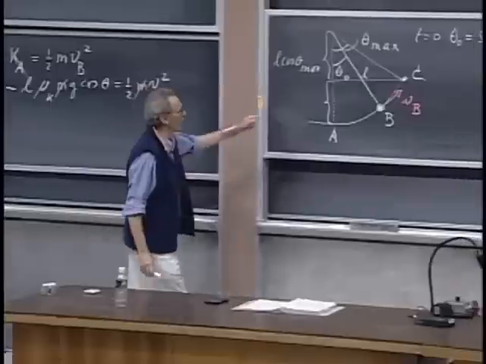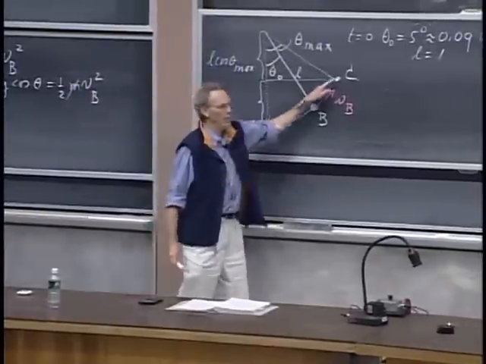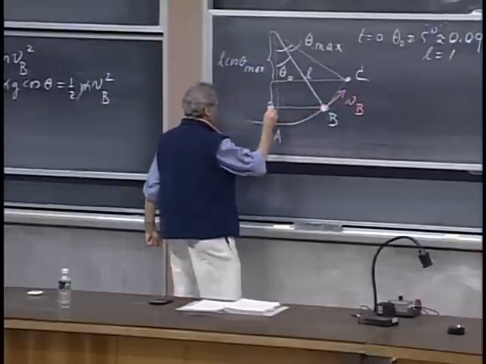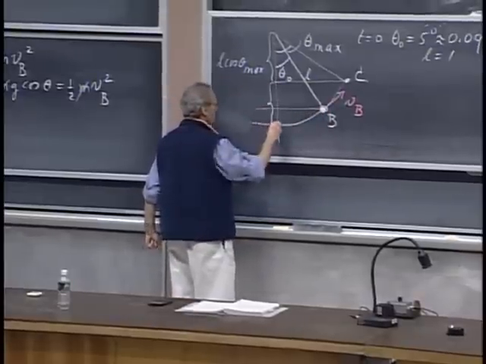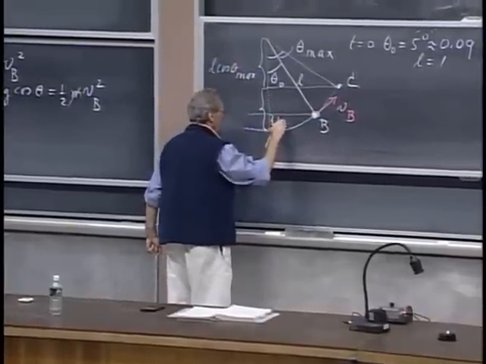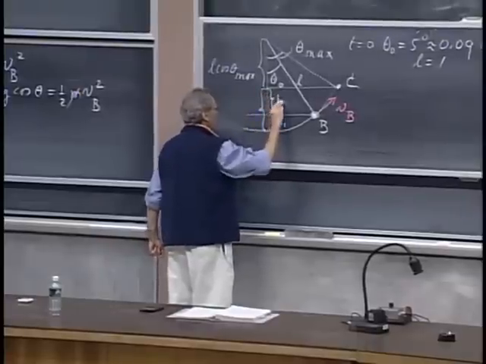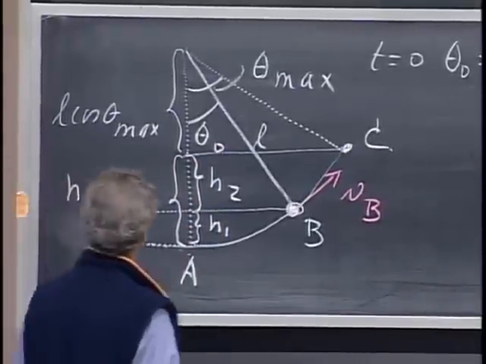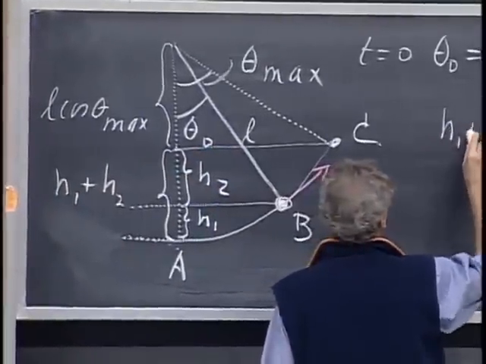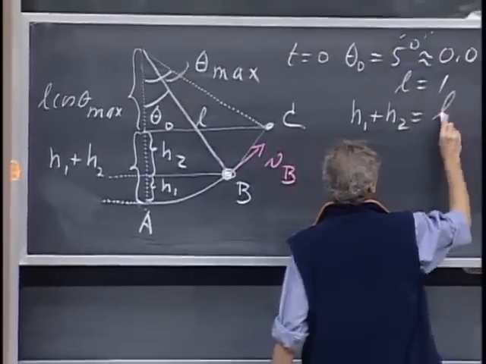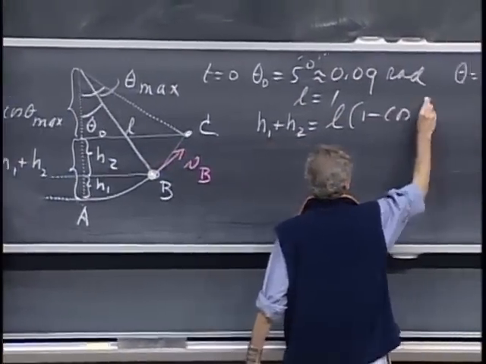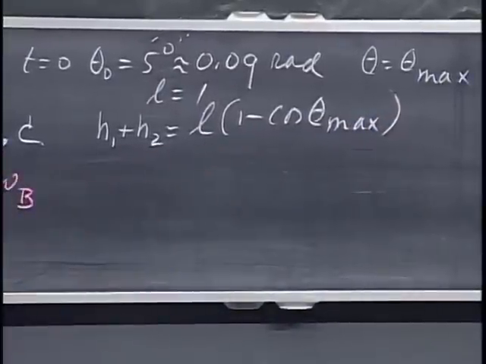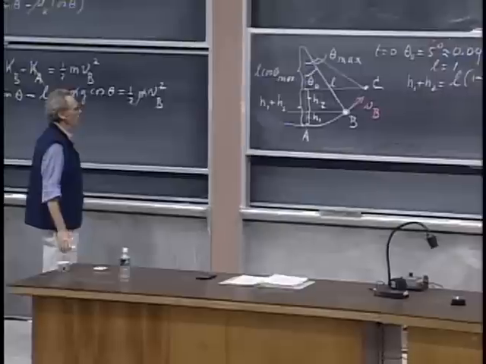So it comes down to calculating how high this object comes above point A. I will split this into two heights: this one, which I call h1, and this one, which I call h2. And so the one that we really want to know is h1 plus h2, because h1 plus h2 will be L times 1 minus the cosine of theta max. And so the moment we have h1 plus h2, we immediately have the maximum angle.